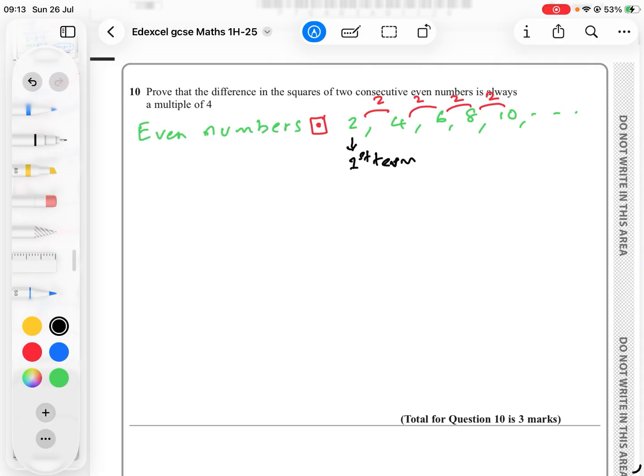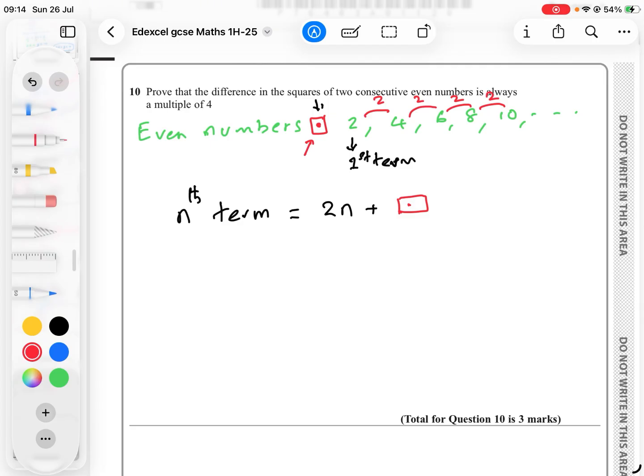Then write the nth term by adding 2n. When you look at here, the nth term equals 2n plus this term.